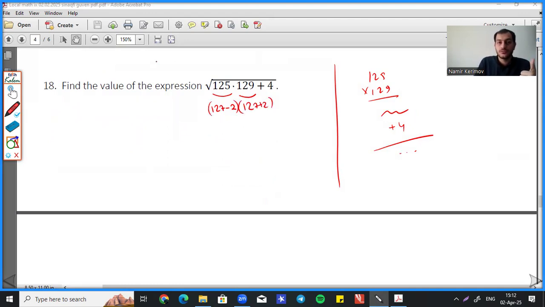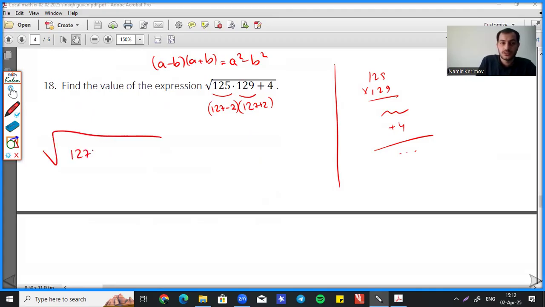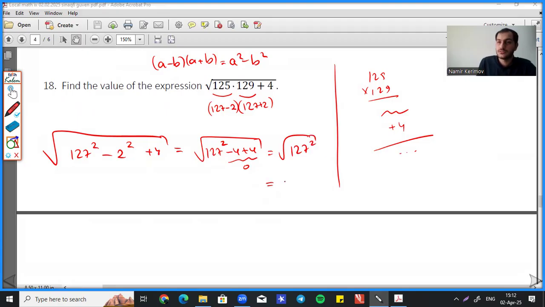So we know that (a minus b)(a plus b) is equal to a squared minus b squared. That's what I used. It's 127 squared minus 2 squared plus 4, which is 127 squared minus 4 plus 4. So as you see, it's 0, and we have 127 squared. The root of 127 squared is 127. That's it. 127 is the answer.